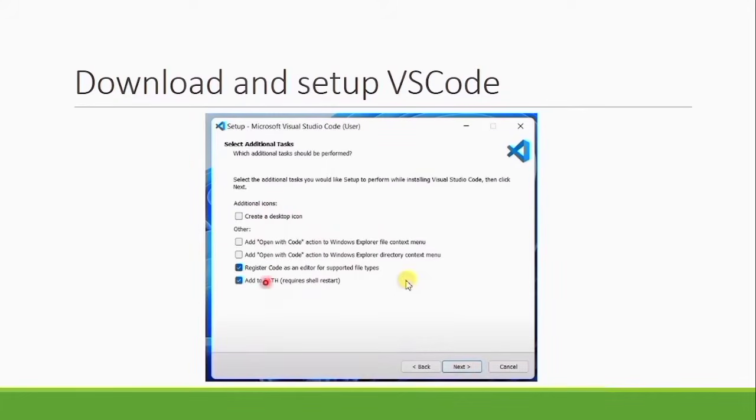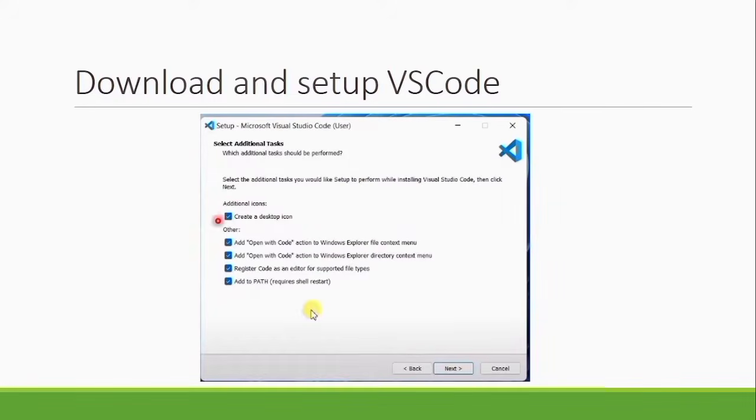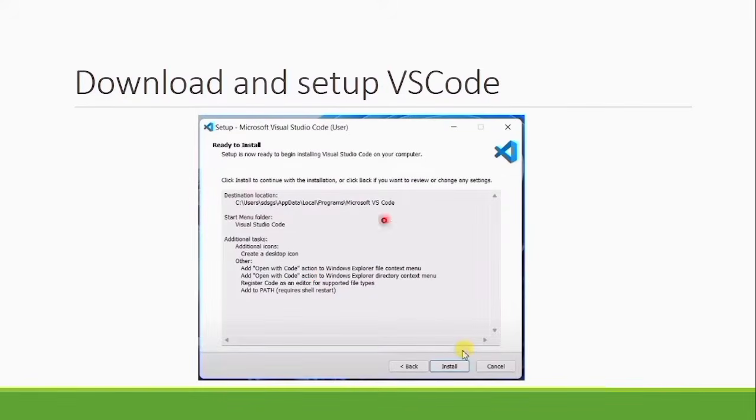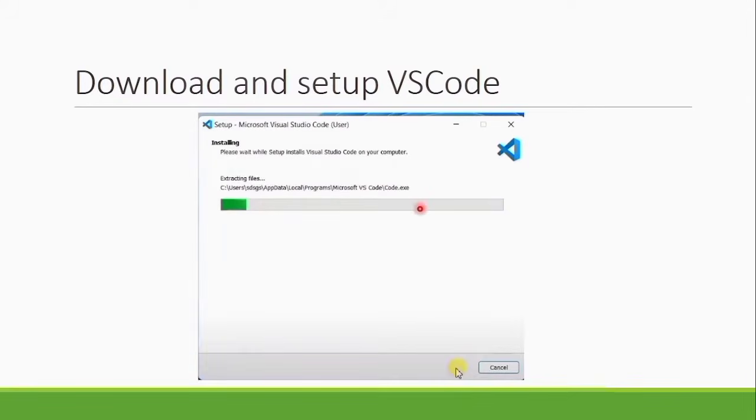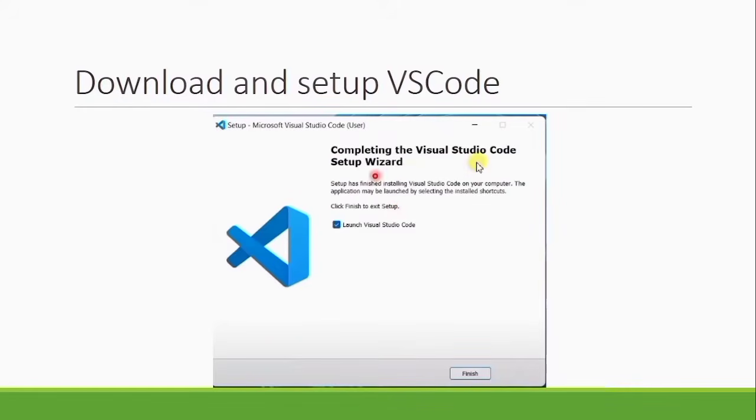Then you will see different checkboxes. Click on all the checkboxes. It will create a desktop icon, and you can open any folder or file with the VS Code editor directly. Check all the boxes and click on next. Then click on install, and it will start installing. Once it is done, click on finish, and after that just open your VS Code editor.